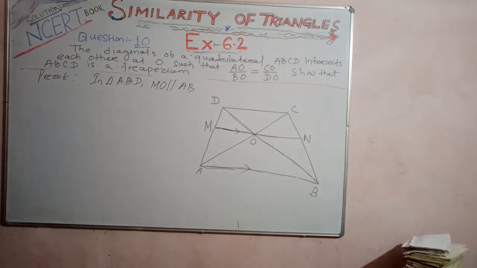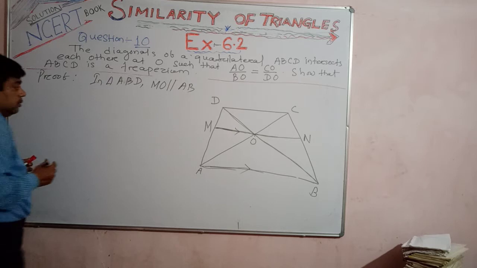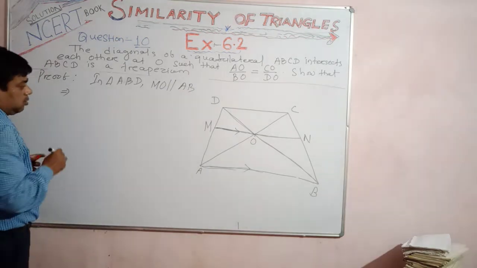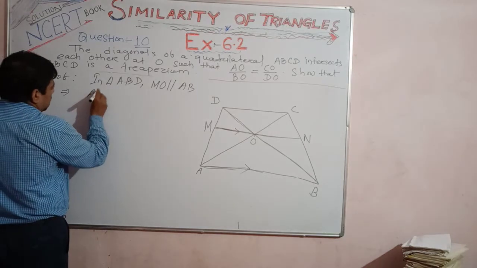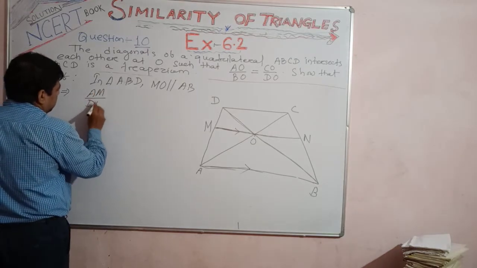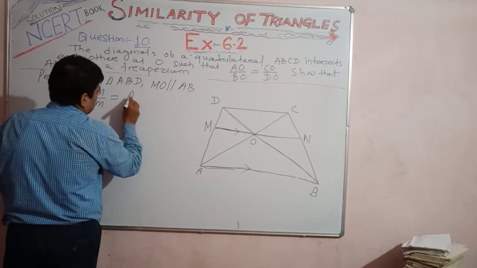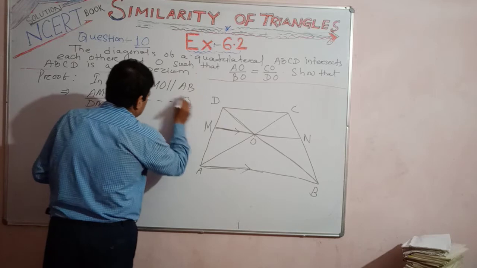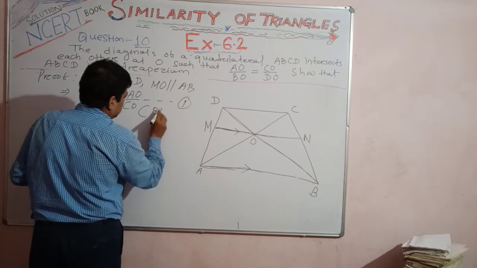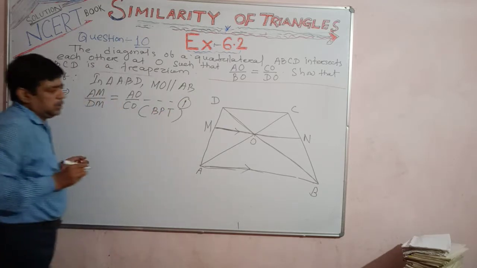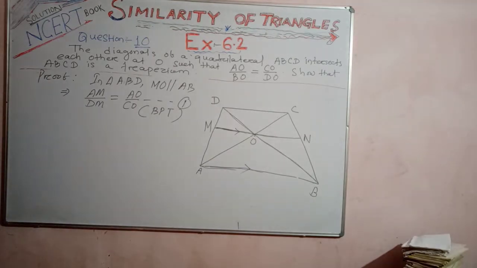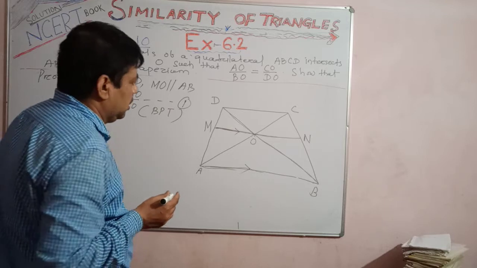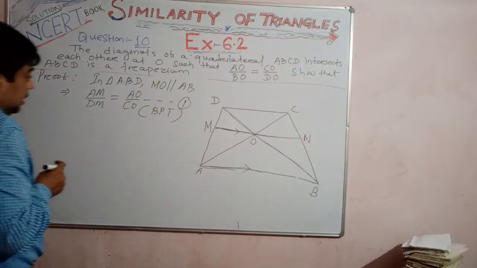So you can use the basic proportionality theorem. So what do you use? AM upon DM is equal to AO upon CO by BPT, the basic proportionality theorem. Understand? Is it clear?